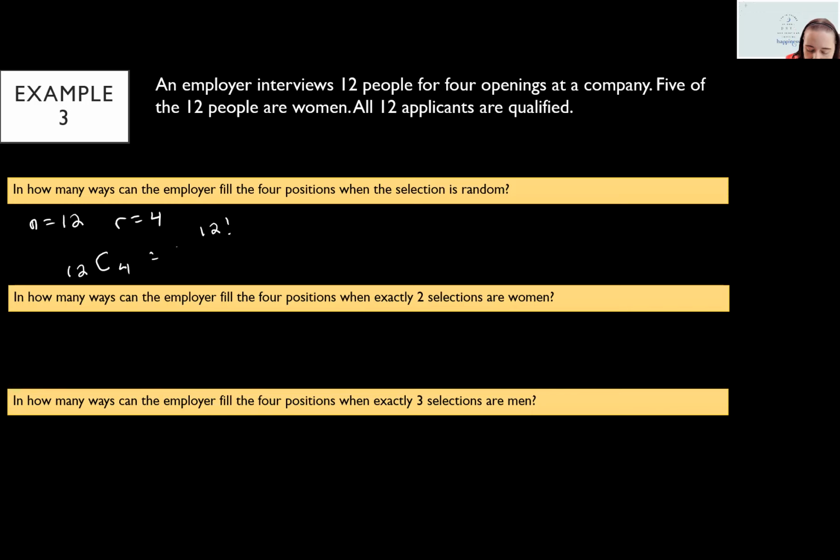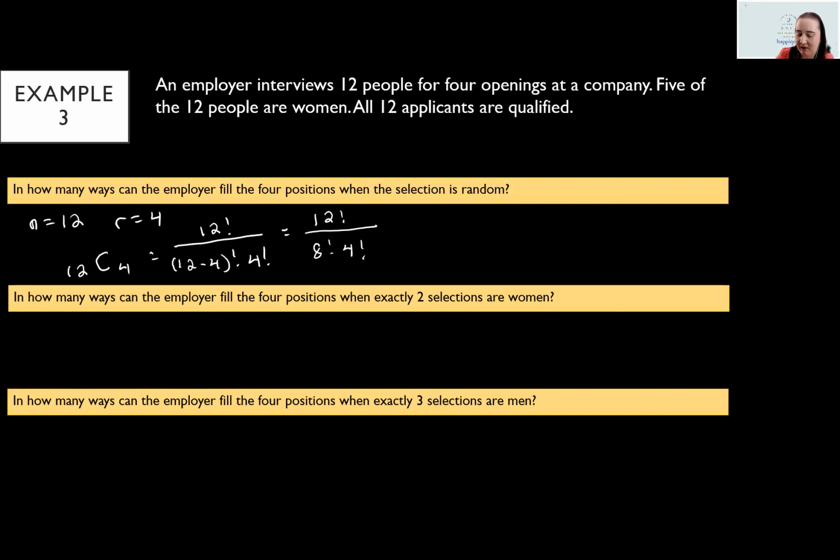That's 12 factorial over 12 minus 4 factorial times 4 factorial, so 12 factorial over 8 factorial 4 factorial. These numbers are small enough that you could do each factorial separately and then divide, though 12 factorial is still a very large number, so I don't want to write that out.